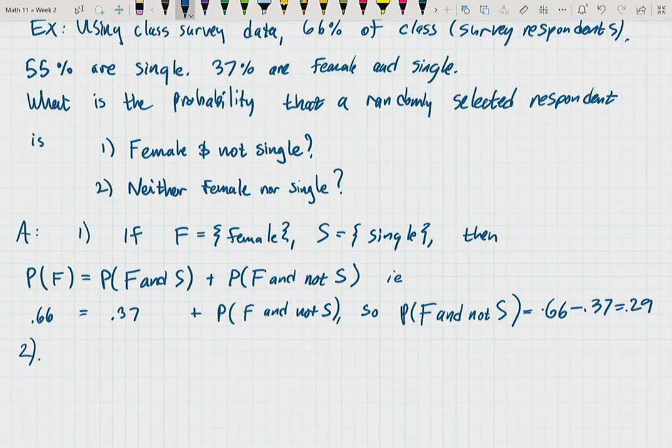How about for neither female nor single? Notice that, let me write it like this. The probability that you are not female and not single is the complement of the probability that you're either single or female.